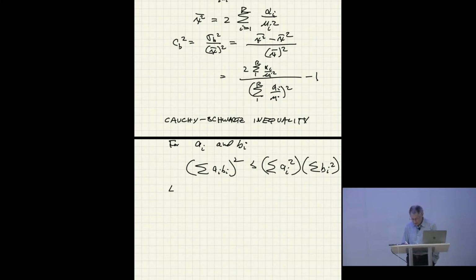Now, if we choose a particular value for the a's and the b's, I'm going to let a i equal the square root of alpha i. I'm going to let b i equal the square root of alpha i again, and this time divided by mu i.